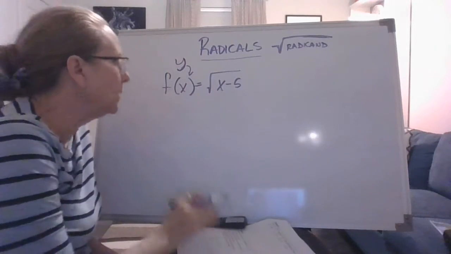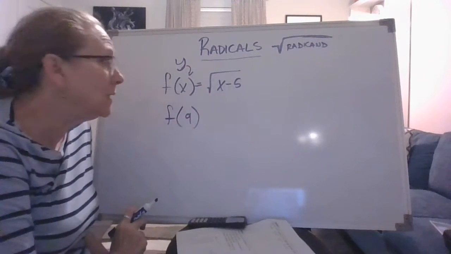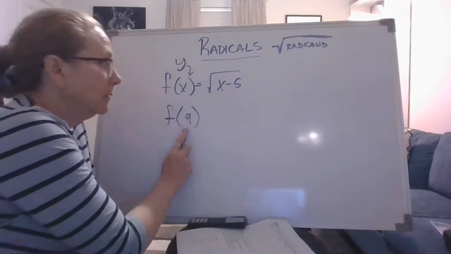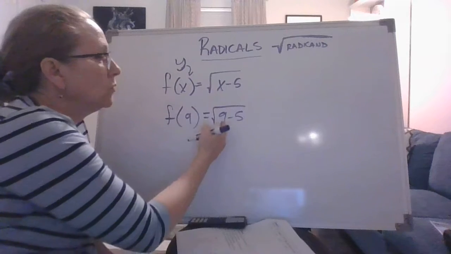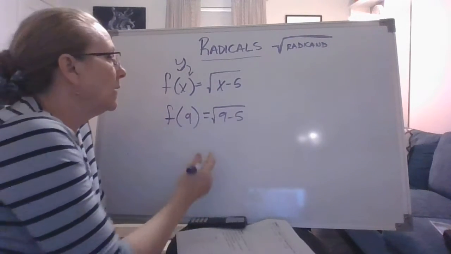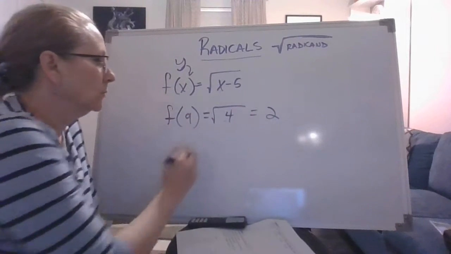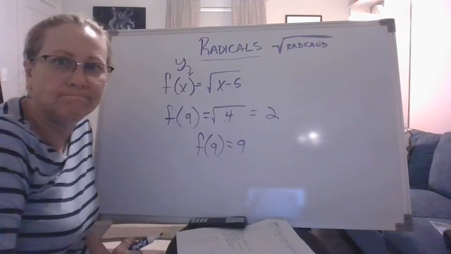So what they're going to give you is something like f of 9. All that means is x, solve it for 9. So the square root of 9 minus 5, 9 minus 5 is 4, square root of which is 2. So f of 9 is equal to 2.